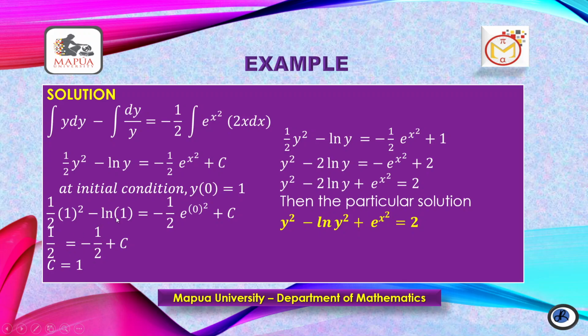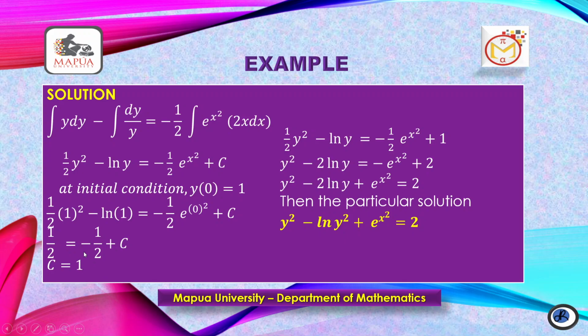The ln of 1 is 0, so we only have 1 half on the left side. Transposing the negative 1 half, this is now 1 half plus 1 half, and this is equal to 1. Therefore, the value of the constant of integration is 1 for the given condition that y of 0 is 1, or when x is 0, y is 1.